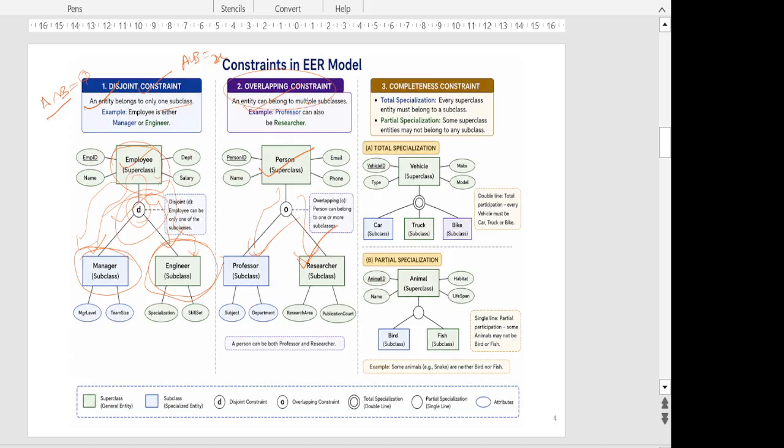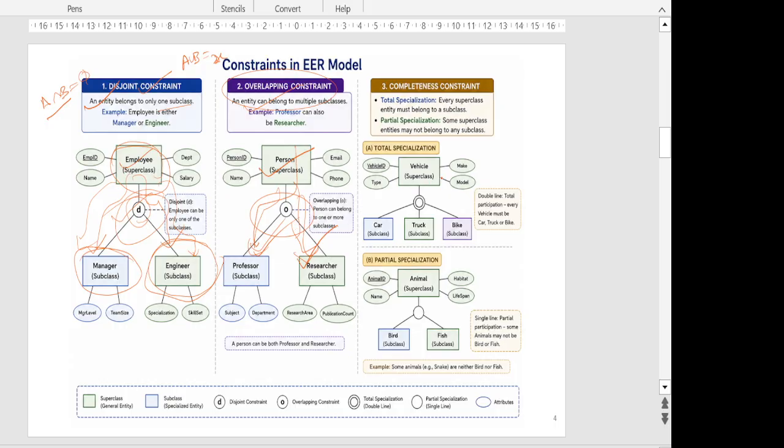At the same time, one person is a professor and a researcher, acting in two roles.